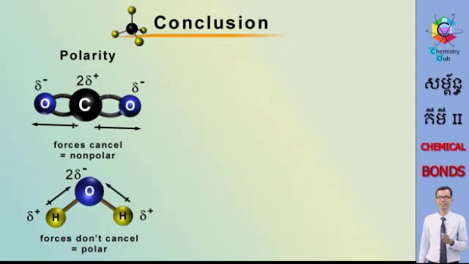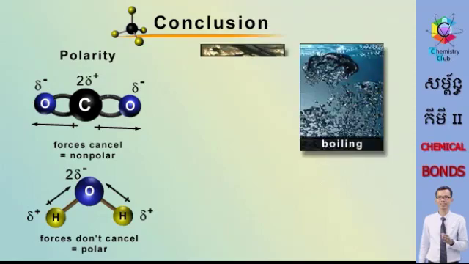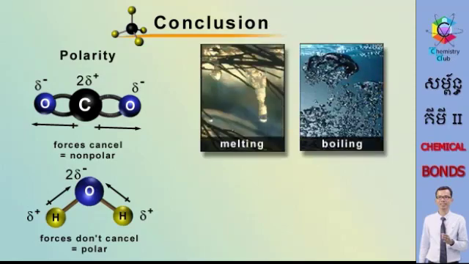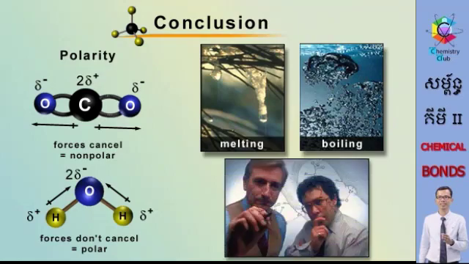The polarity of a molecule helps to determine its physical characteristics, such as boiling and melting points. Understanding the intramolecular and intermolecular forces influenced by molecular bonding leads to a greater understanding of why substances behave the way they do, which is the basic goal of chemistry.